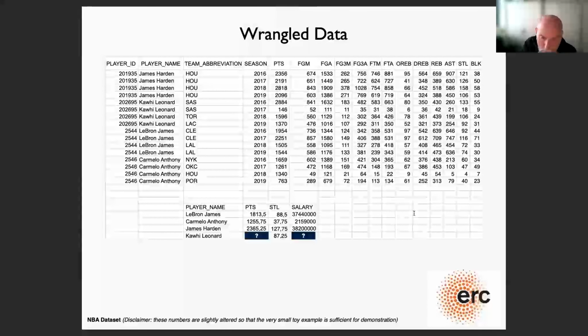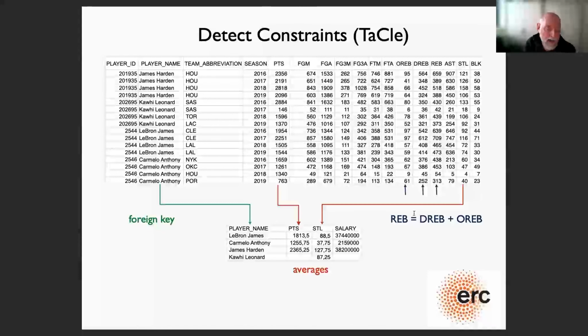Okay, let me conclude this part by showing how it then proceeds. Once the data has been wrangled and you want to predict these missing values, it learns these macros, as this is called in Excel, and this is going to learn these kinds of relationships, the fact that there are averages, the fact that one is a sum of the other.